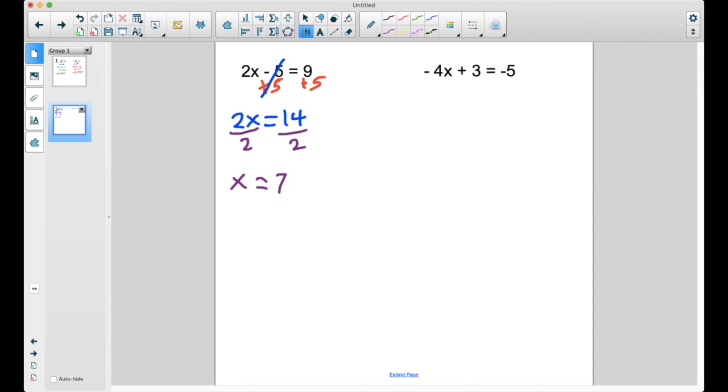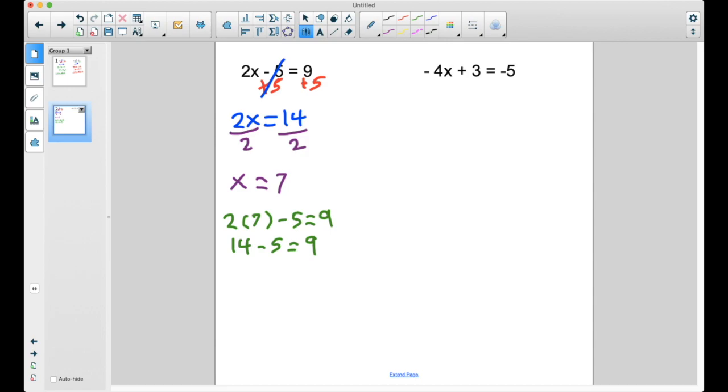Now once again, we can check our work by substituting 7 into our original equation. So we'll have 2 times 7 minus 5 is equal to 9. 2 times 7 is 14. 14 minus 5 is equal to 9.